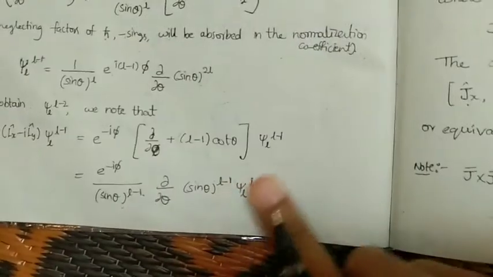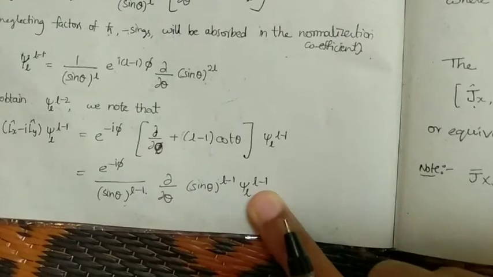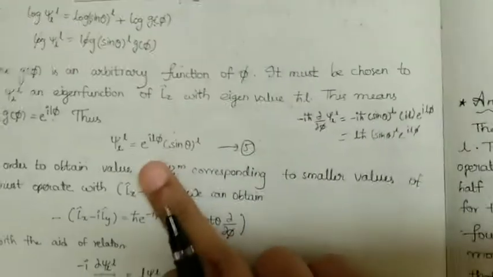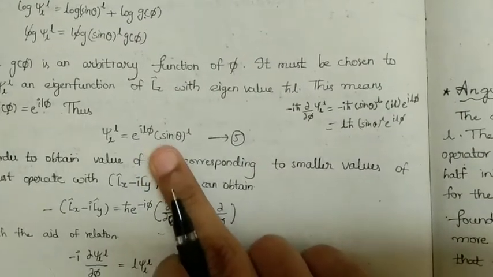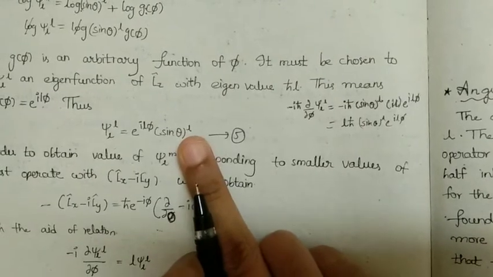After substituting for ξ_L^{L-1} this form, e^(i(L-1)φ)(sin θ)^(L-1), we would have this.